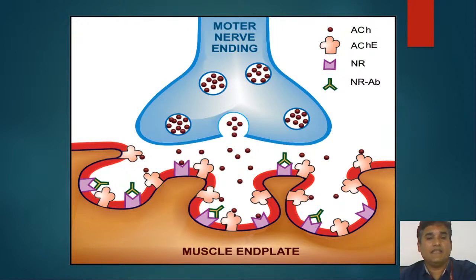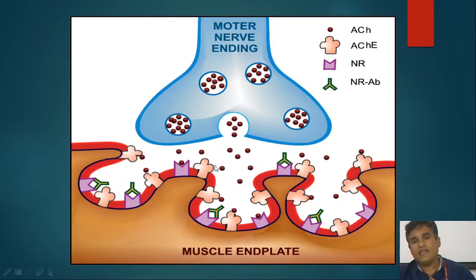When you give an anticholinesterase inhibitor, the acetylcholine released from these neurons, which is normally degraded by acetylcholinesterase, is no longer degraded, because the inhibitor inhibits the enzyme.